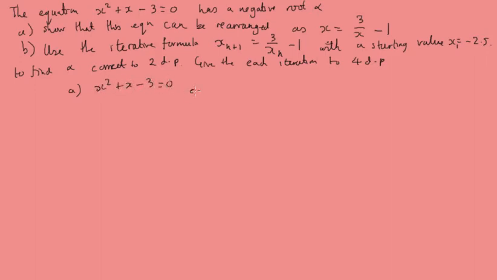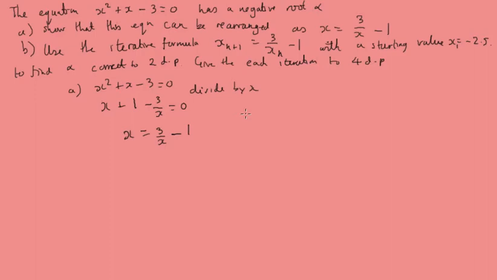So let's divide through by x. So that's going to give us x plus 1 minus 3 over x equals 0. Now we can rearrange this to give us x equals 3 over x minus 1, which is what they wanted.